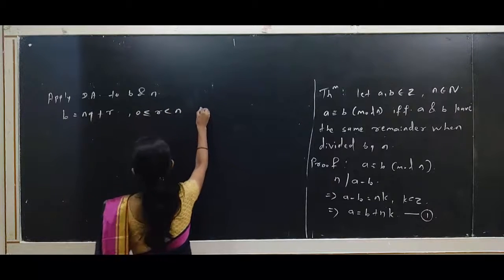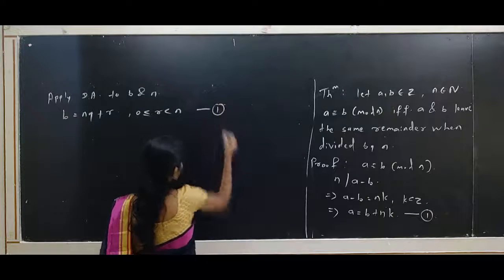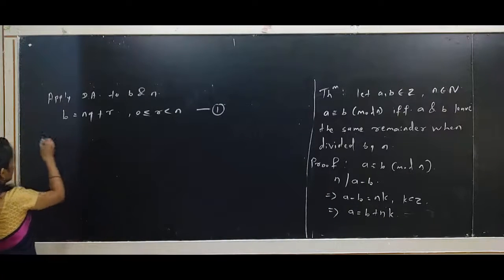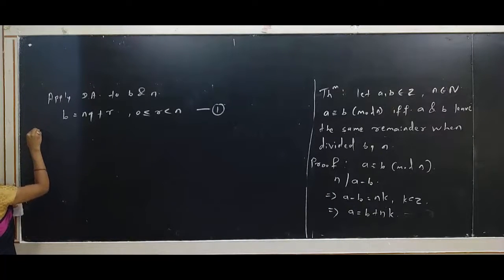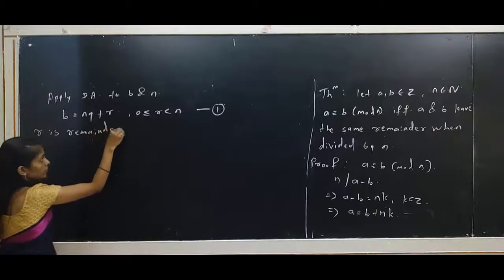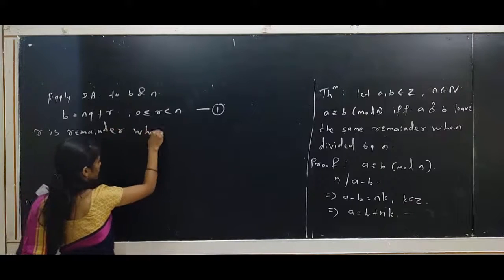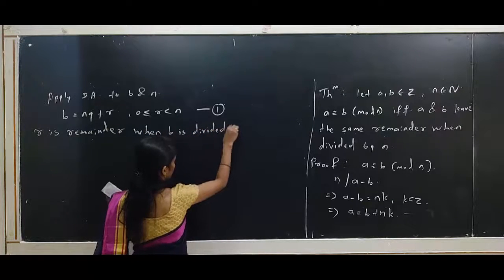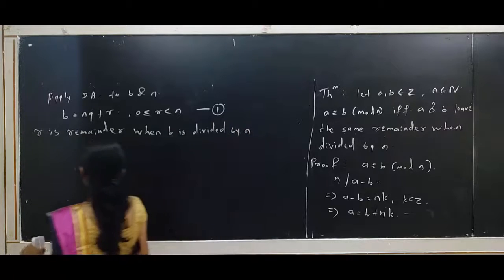Okay, so give it the number first. Now r is the remainder when b is divided by n.